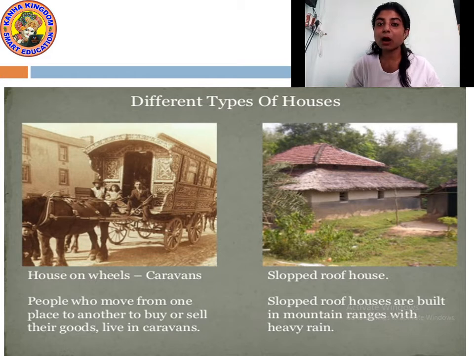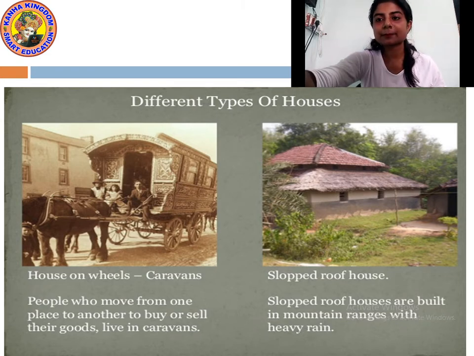These houses are built in mountains, in hilly areas where there is a very high range of rainfall. That is why they build sloped roof houses, so that these houses can drain off the rainwater easily from the roof. Understood?